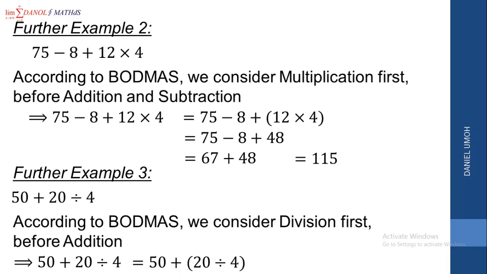So it becomes 50 plus 20 divided by 4. That 20 divided by 4 gives us what? 5. So what we are going to now have is 50 plus 5. Therefore, 50 plus 5 is equals to what? 55. It's as simple as that. I hope you understand what we just explained.